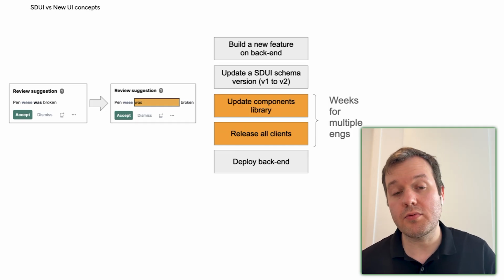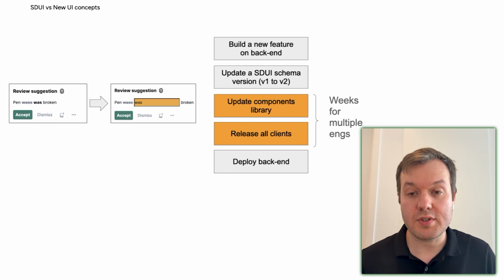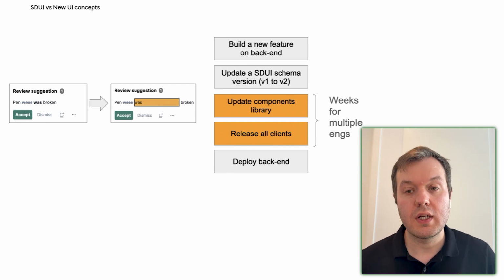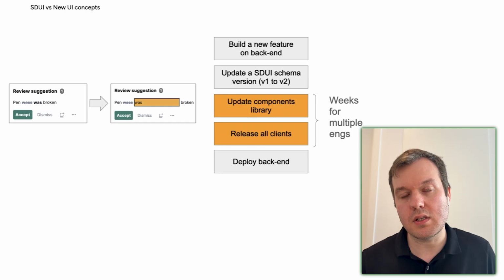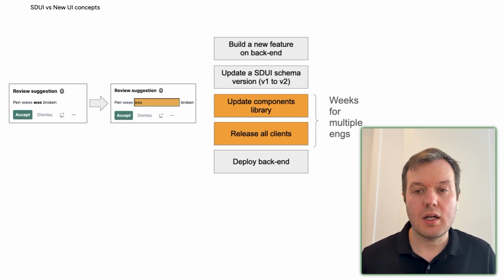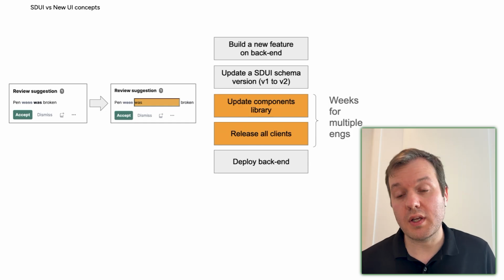In this case, obviously, you have to update the component library. You have to ensure that every single client supports it, and you have to release and wait. On the tooling level, it's not a big deal; you basically need to specify a new version. Clients that don't support it will not get these components.